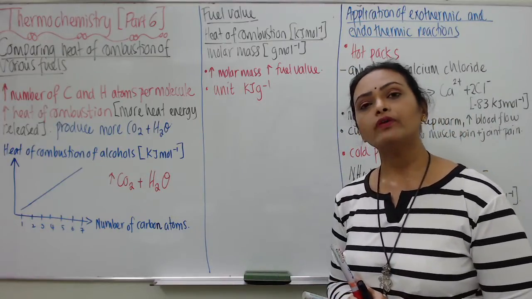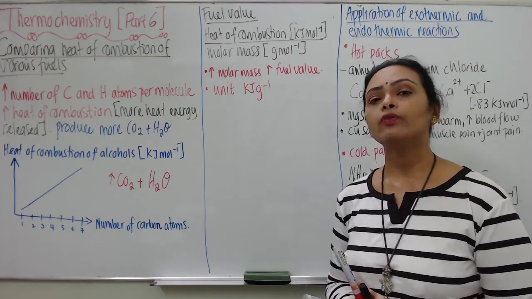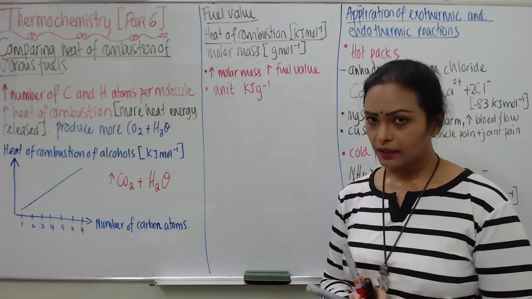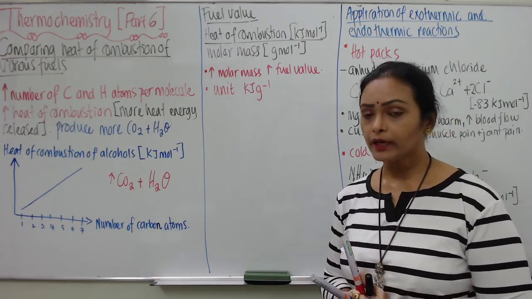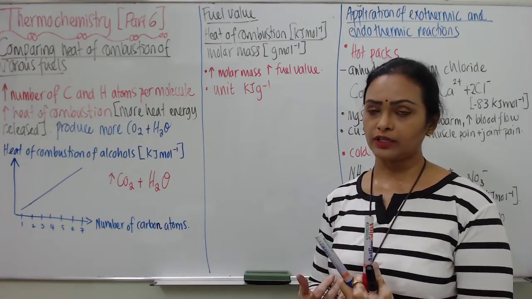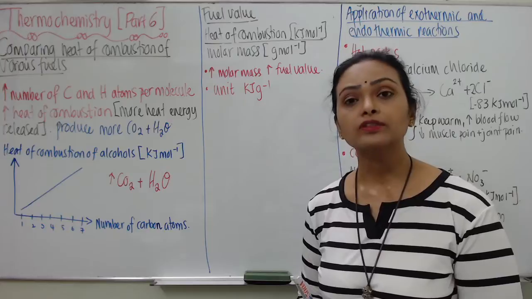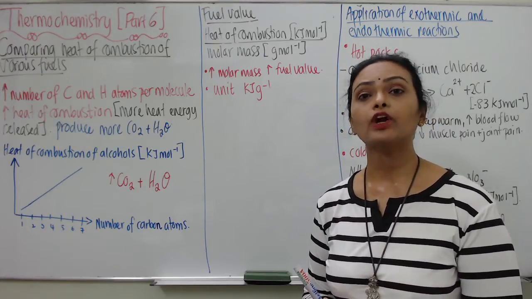Now, when we were calculating heat of combustion in our previous video, we used heat of reaction divided by mole. Please remember, we as chemistry students and I as a chemistry teacher know the meaning of mole. But common people don't know what a mole means.